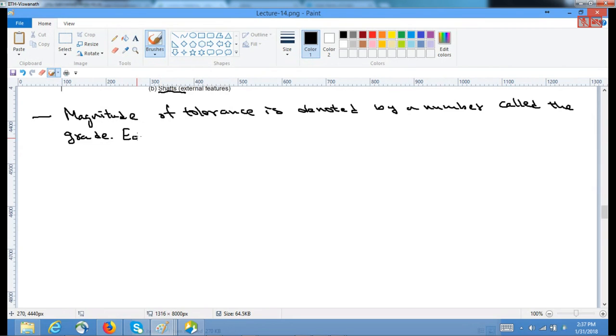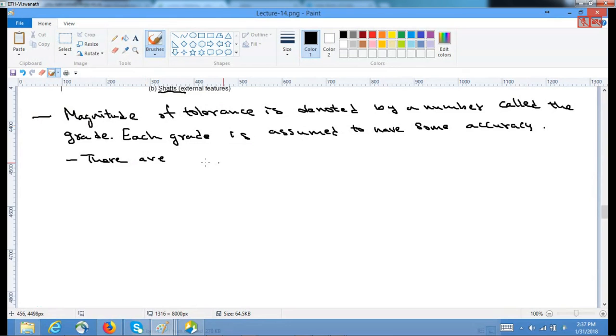And each grade is assumed to have some accuracy, and there are 18 grades of tolerances as per the international standards.